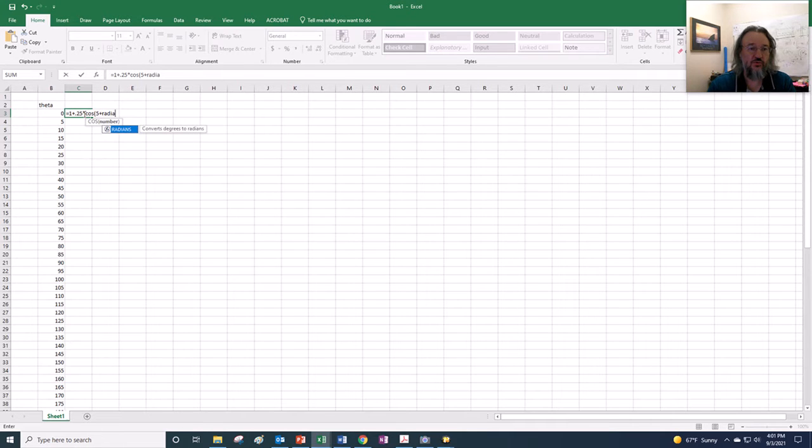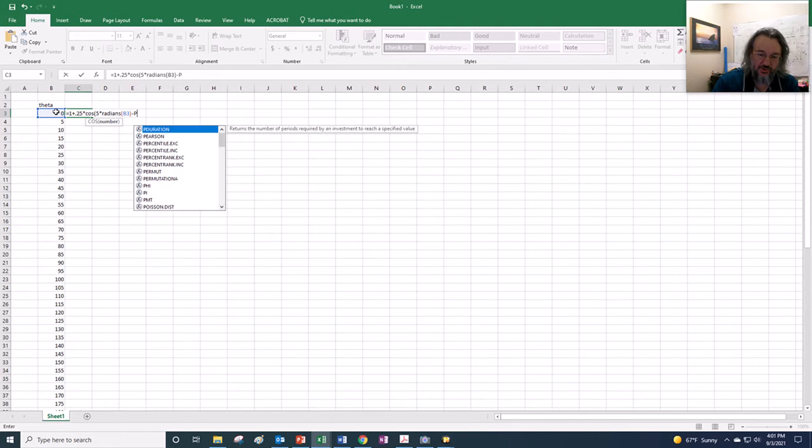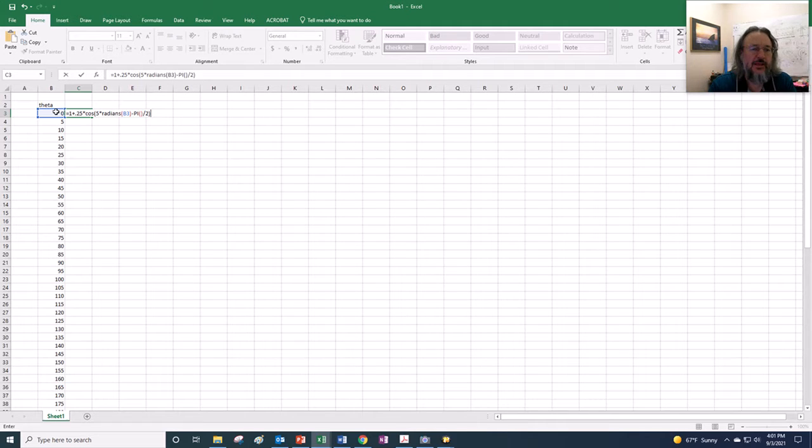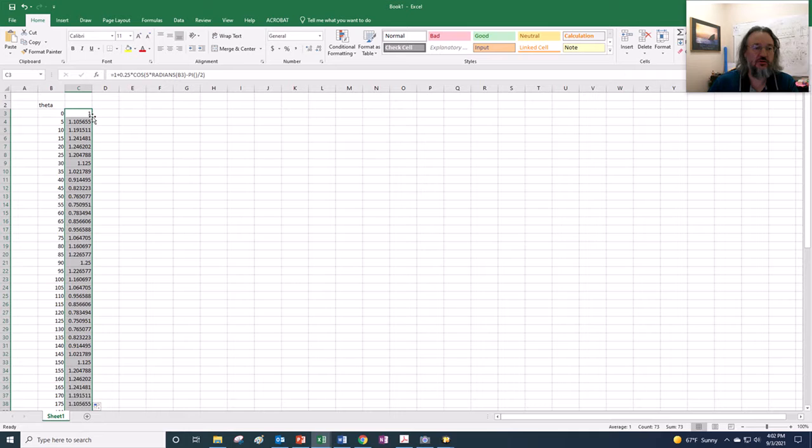So I'll use radians of this right here, and then minus pi, closing that, divided by 2, which is like 90 degrees. Did I do that right? I think so. We'll see in a second.